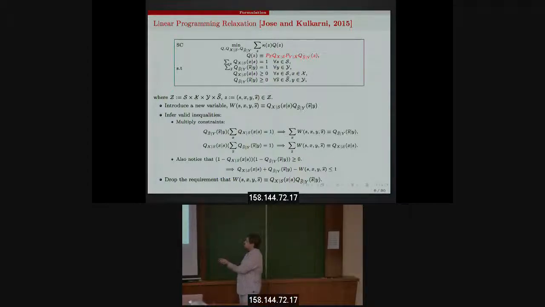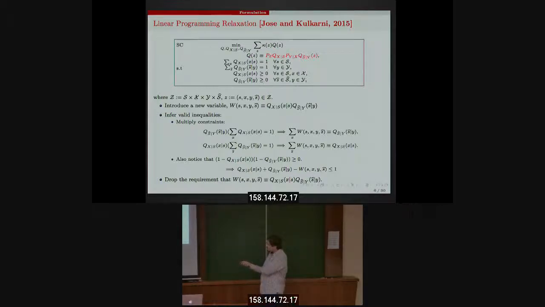Suppose you take W to stand for this product, Qx given S times Qs hat given Y. Let W stand for this product, and now what we'll do is infer linear relations on W. You observe that since this Qx given S when summed over X equals 1, you multiply both sides by Qs hat given Y, and that gives you that sum over X of W should be Qs hat given Y. Likewise, sum over S hat of W should be Qx given S.